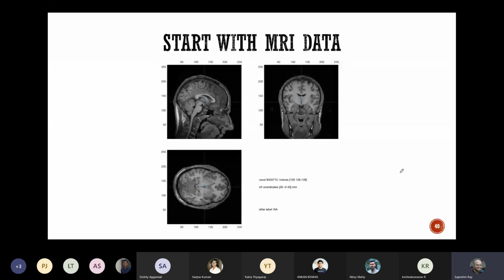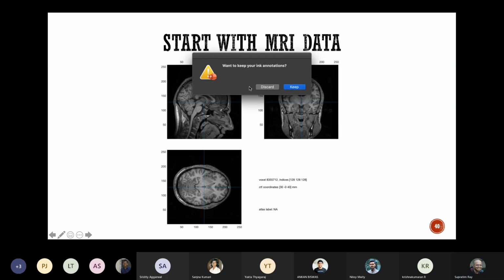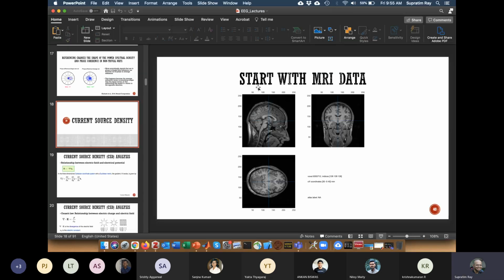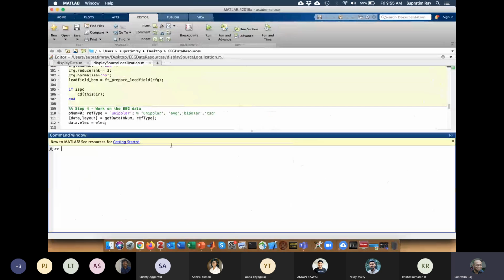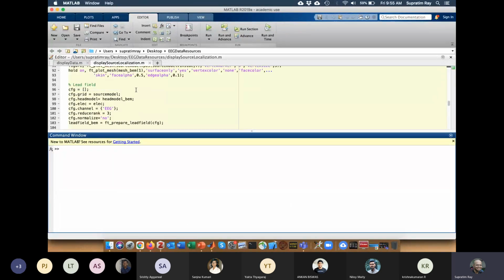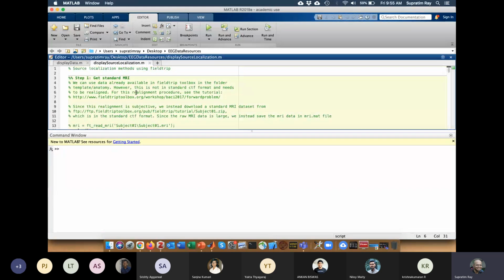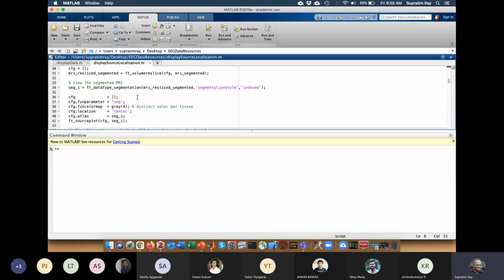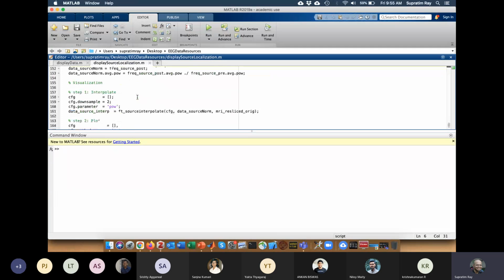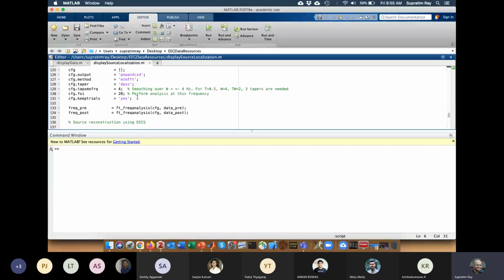There's a lot of stuff that I have talked about today, so I'll just give you an example. You can actually do all of this yourself using this MATLAB code, display source localization, that is provided to you. And it tells you step by step how to solve the inverse problem.